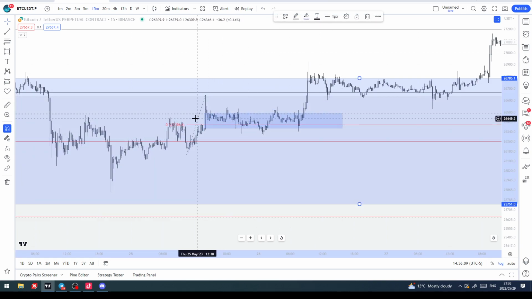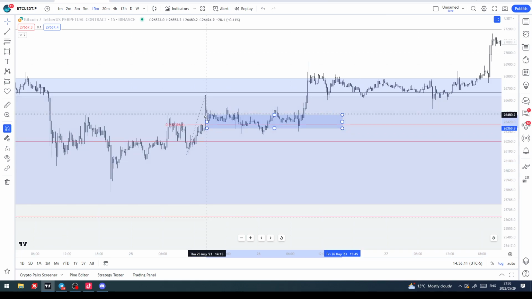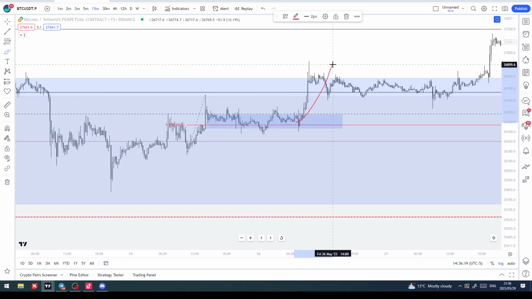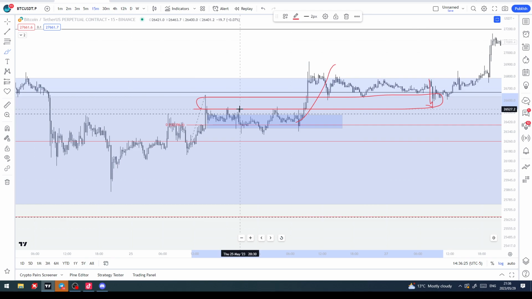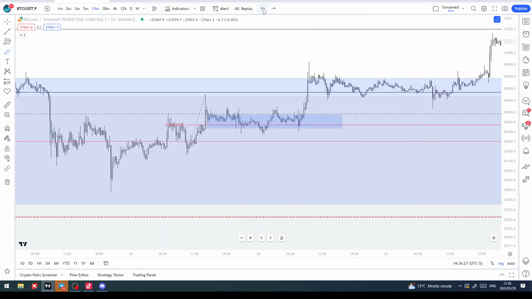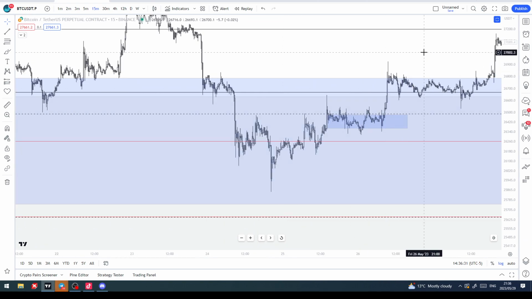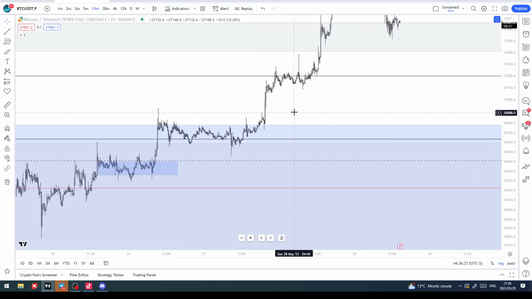So you could have used this to enter here, stops below this low here, and then gone again, right? You can see price did dip back into the breaker here again, and then we had price move away. Those are just basic entry models that are happening here.